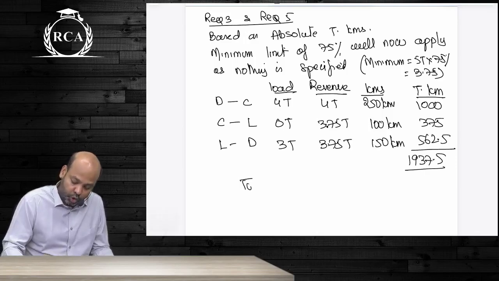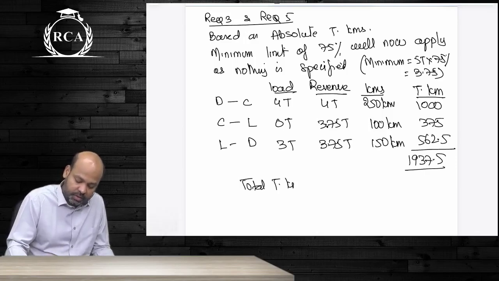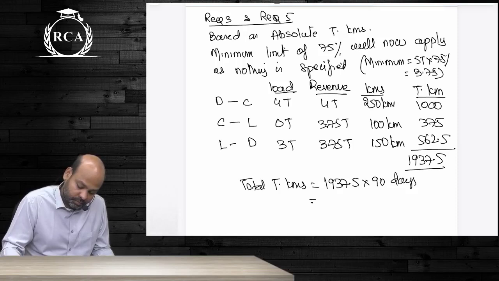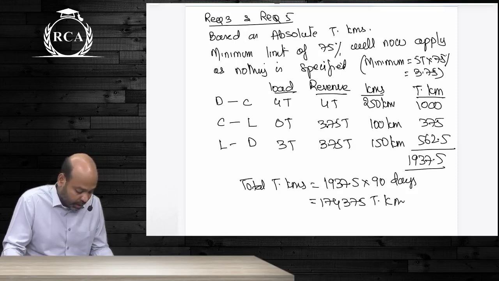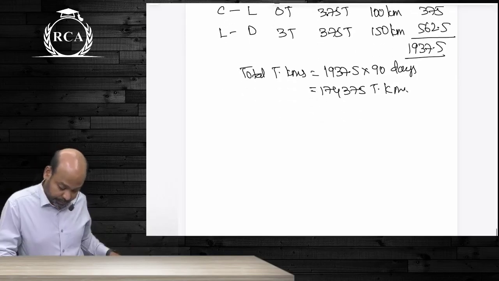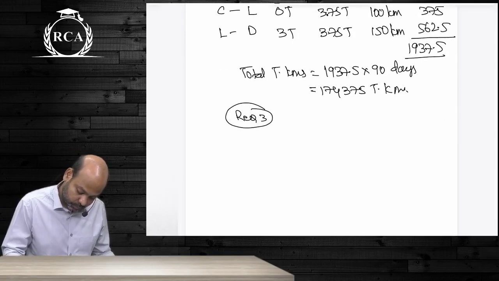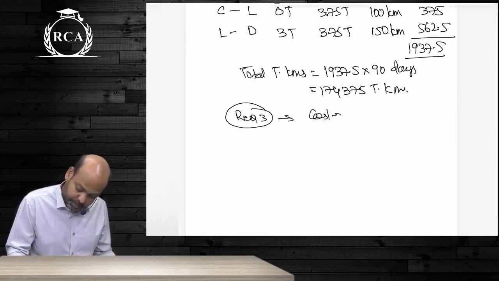1937.5 total ton kilometers, guys. 1937.5 multiplied by 90 days, 1,74,375. And now, guys, third bit, requirement 3. Cost plus profit divided by ton kilometers.